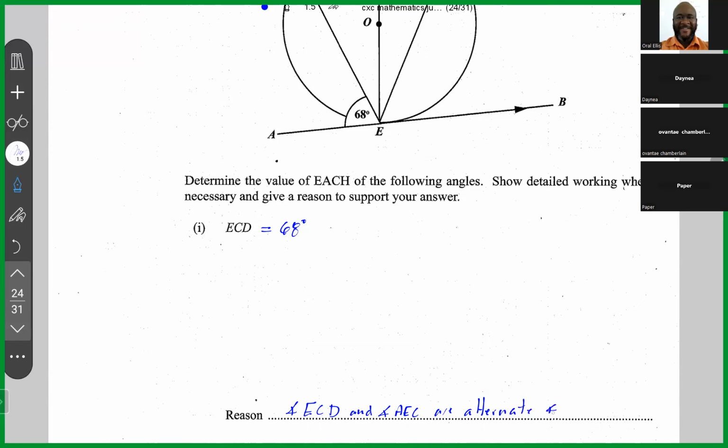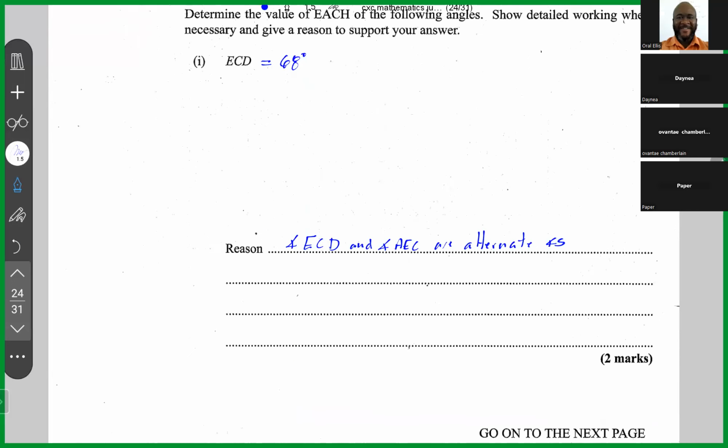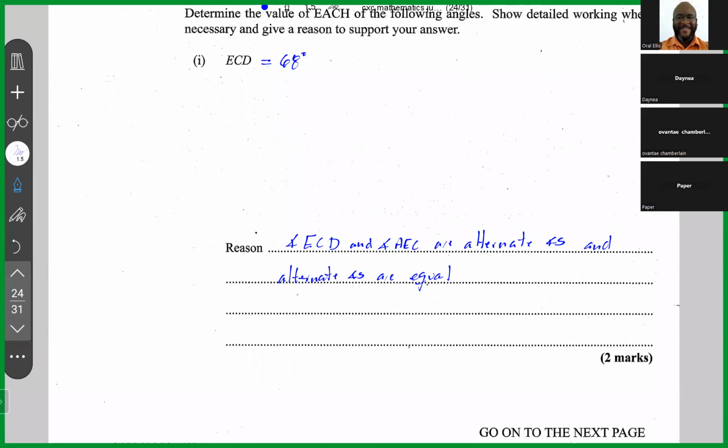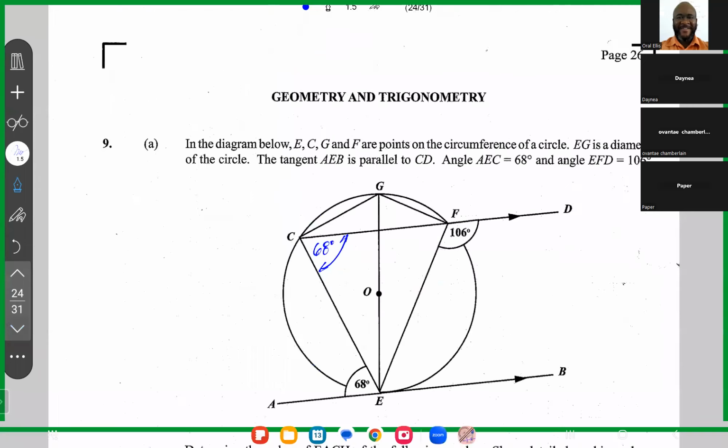So I'm asked to give a reason. That's my reason. They are alternate angles, and alternate angles are equal. All right, so let's move on to the next part of the question.